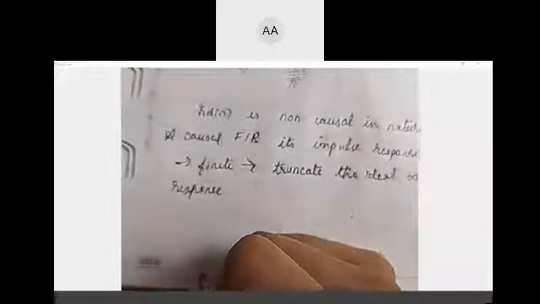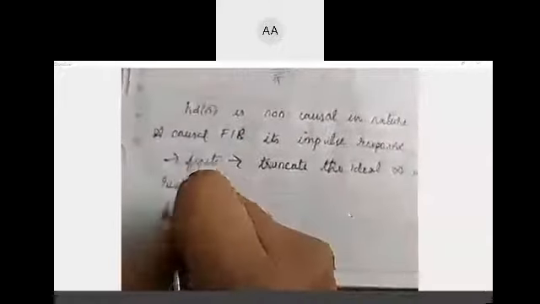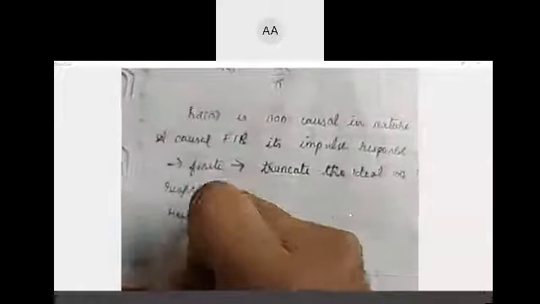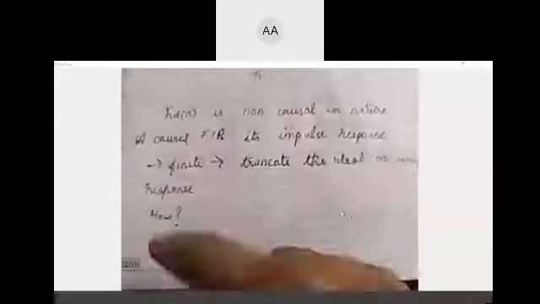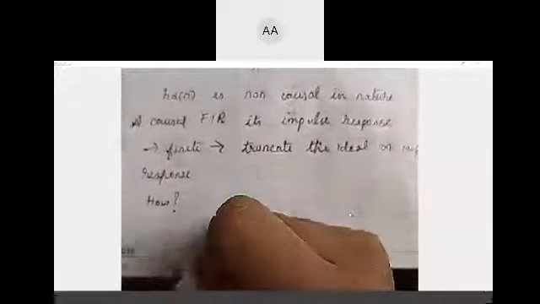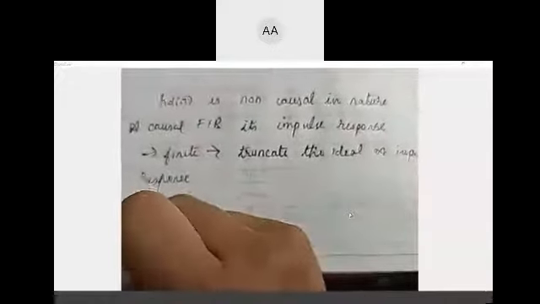How do you do this truncation? We had seen in the earlier classes your impulse response HD of n.